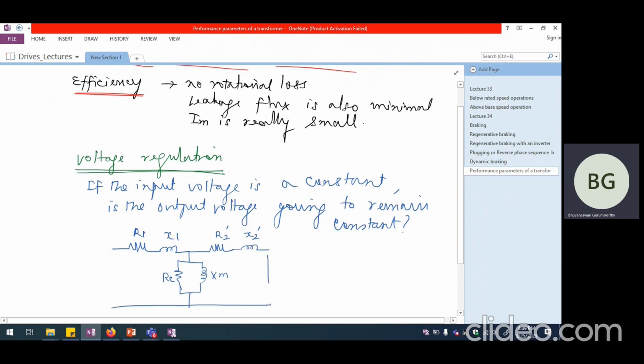Now, this is what is going to the load, so we may call this V2 dash, and this is V1. The difference between V1 and V2 dash is actually the voltage drop within the transformer.